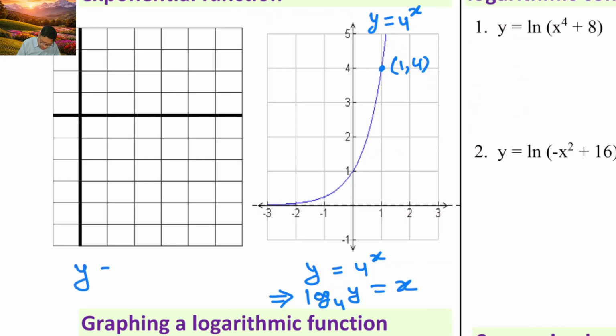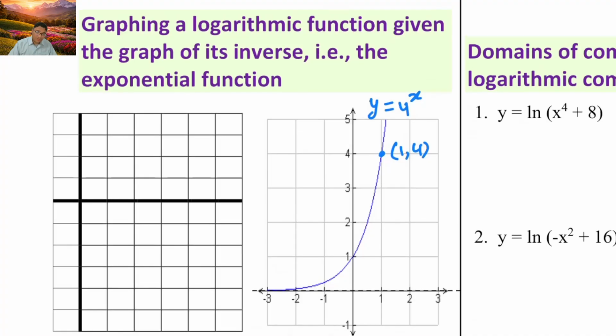So the function we are going to graph is y equals log to the base 4 of x. That would be the inverse function, right? Okay. And how will we graph that? Using the graphs. Okay. Let us begin.